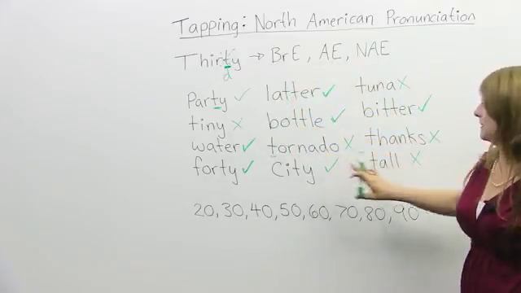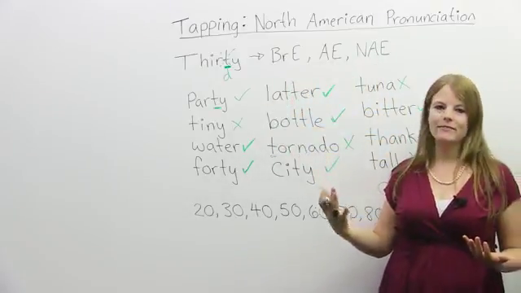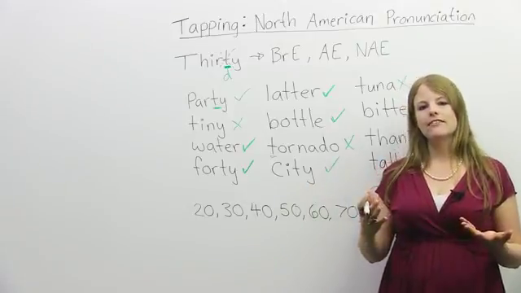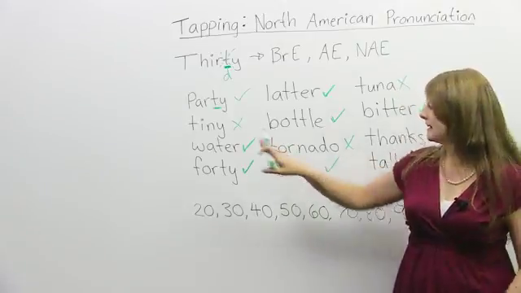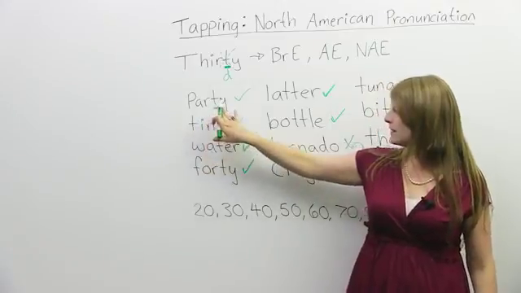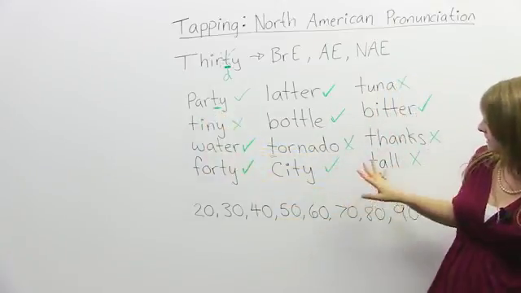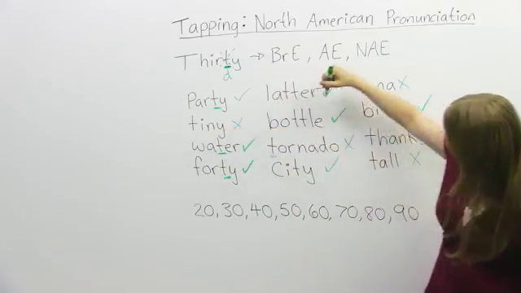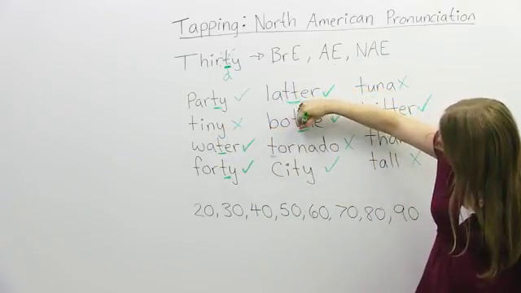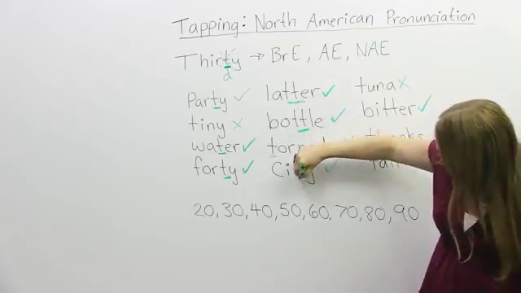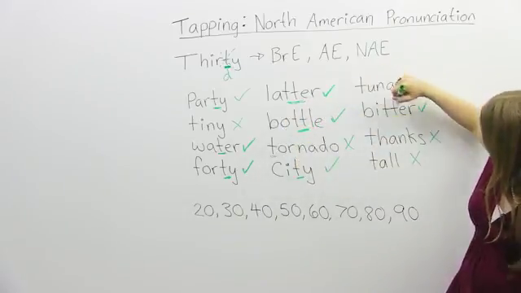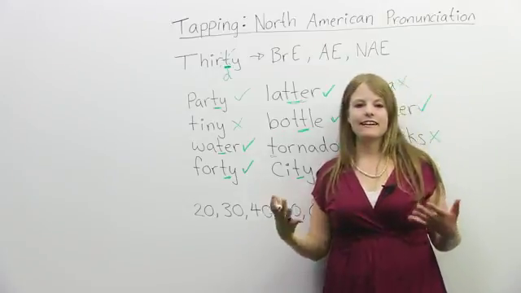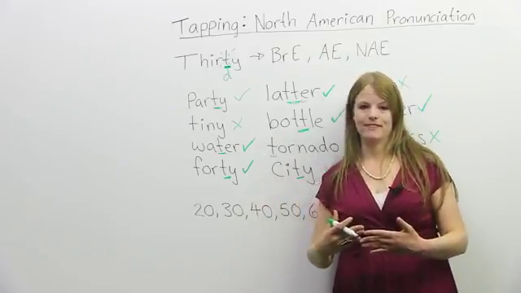So what do you notice about these words? When we pronounce T's as D's in North American English, do we pronounce T's like D's when they're at the beginning of the word or when they're in the middle? If you look here, this one is a yes, it's in the middle; the beginning, no; middle; beginning, no; middle; no, no. So we pronounce T's like D's when they're in the middle of a word, okay?